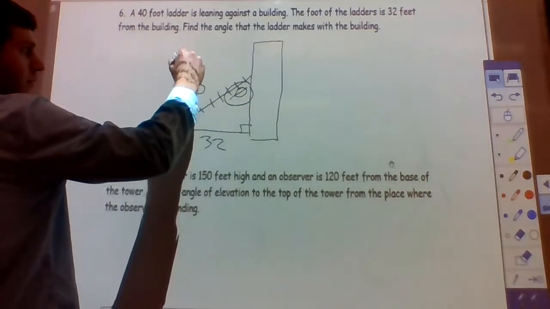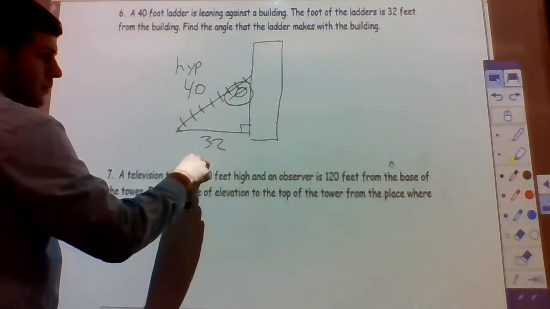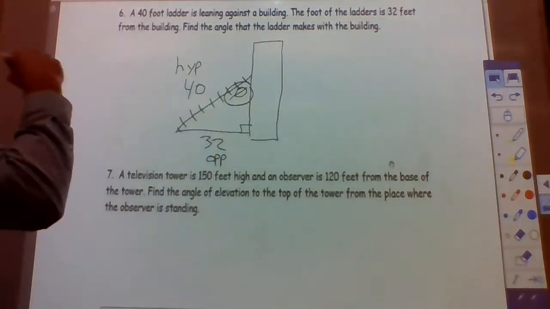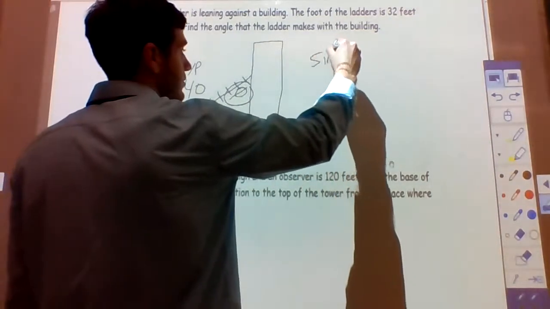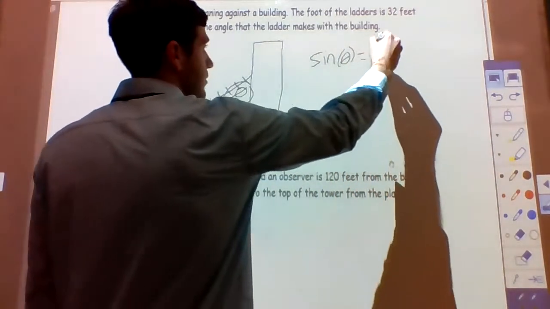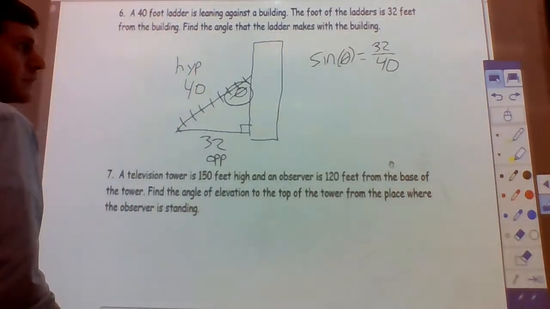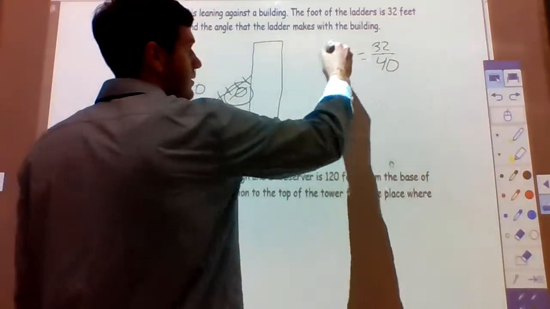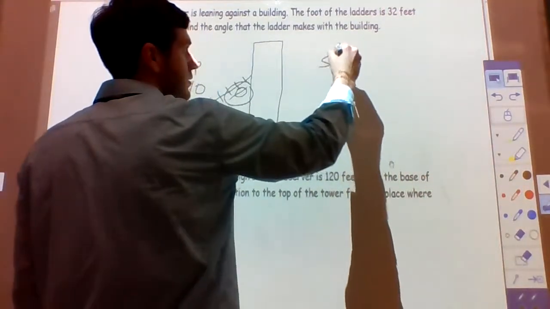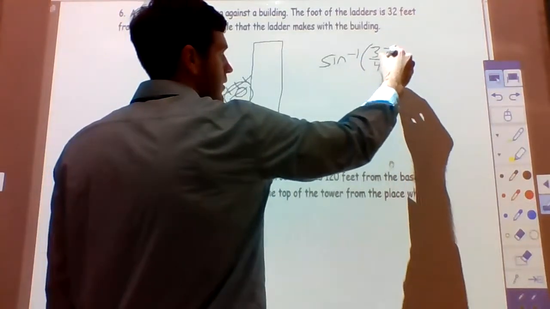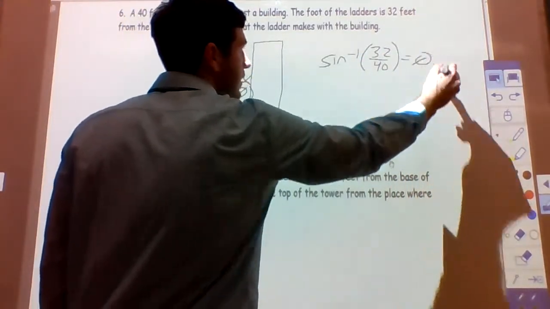40 is our hypotenuse. Is 32 across from or next to? It's across from, so that's opposite. So it's opposite and hypotenuse, which means we want to do sine. So sine of theta is going to equal 32 over 40. Okay, but we want to find the angle, so we want to use the inverse sine function. Okay, and that's going to be 32 over 40. That's going to give us theta.